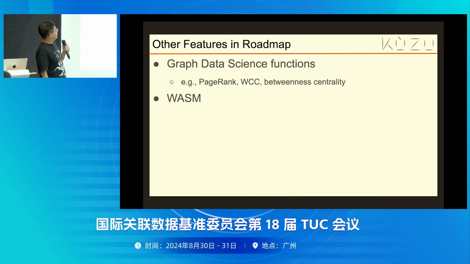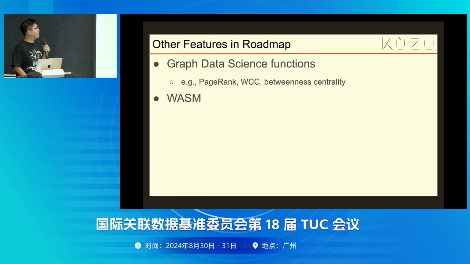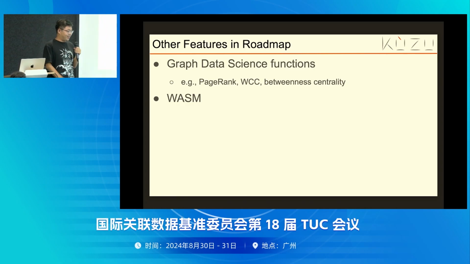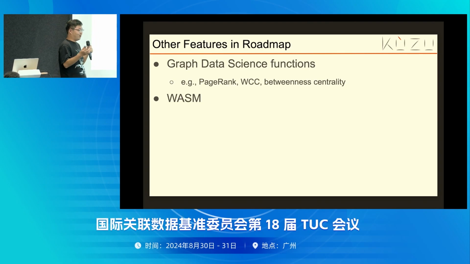Other than that, there are some other projects going simultaneously as well. We are developing graph data science functions or libraries, however you call it. Although we claim that we integrate with third-party libraries, like we pipe our result to NetworkX for graph analytics, these third-party libraries have their own drawbacks in the sense that they don't scale very well.